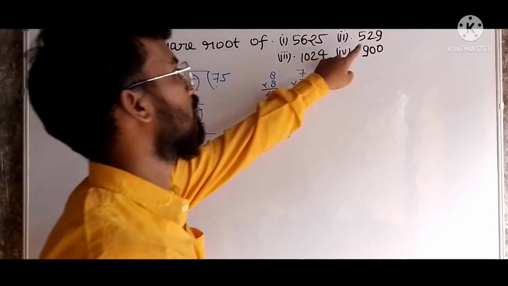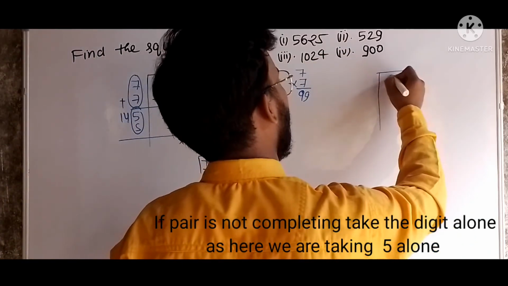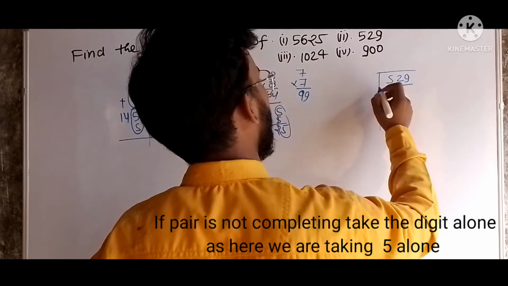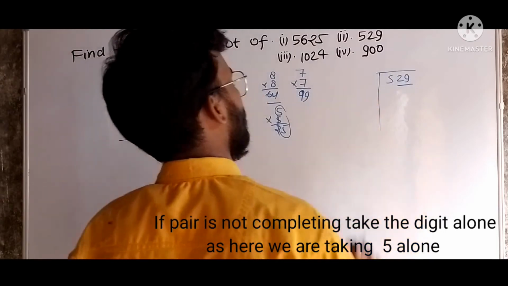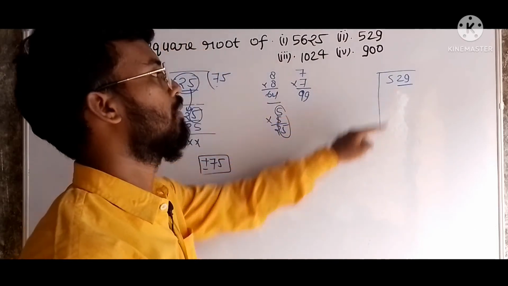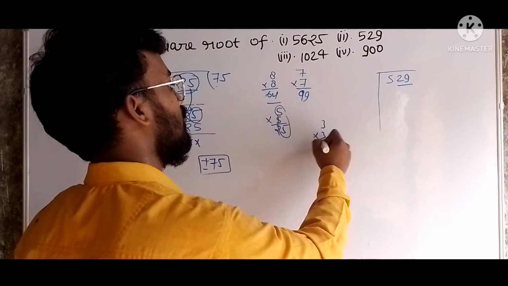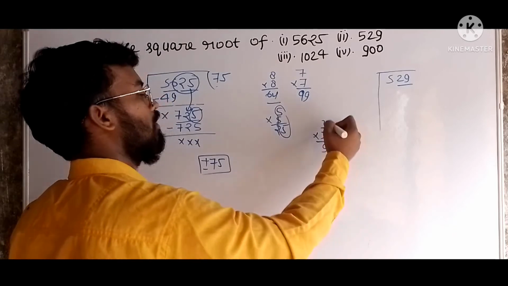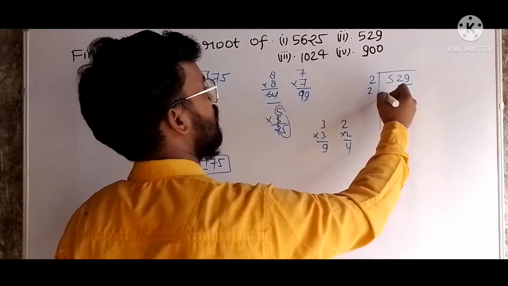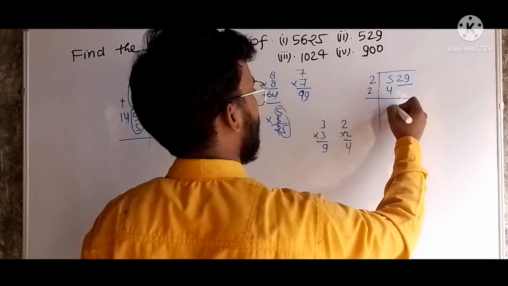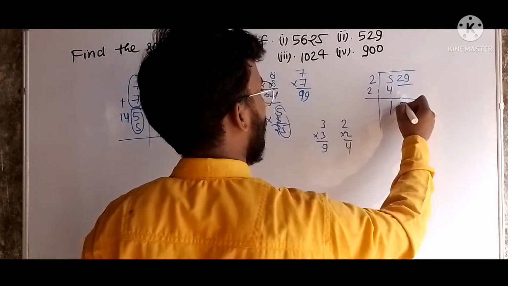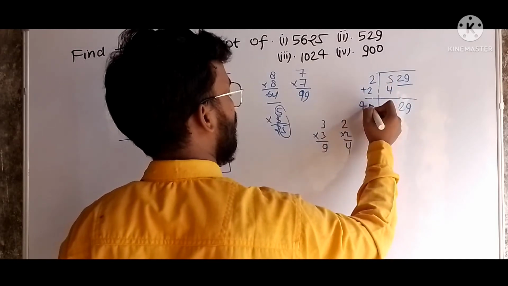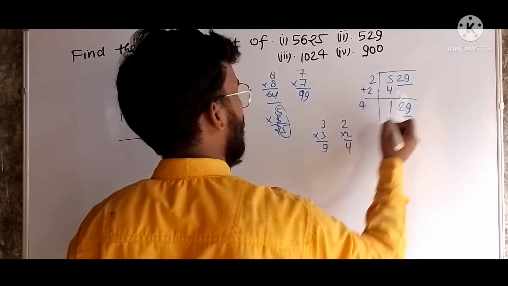Now for finding the square root of 529, write it and pair up the digits from the end. Multiply a number with itself so that we don't get more than 5. If we multiply 3 into 3, we get 9, so take 1 less than that: 2 into 2 gives 4. So take 2 here, 2 times 2 is 4, here we get 1, and write down the next pair. Add these two values, here you get 4. Now take another value here so that after multiplying you get 9 at the unit place.